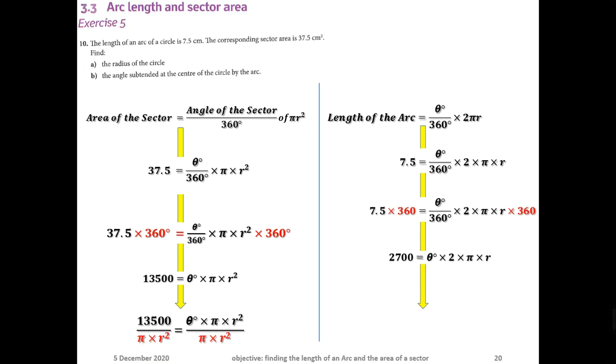If we carry on making theta the subject, we must isolate theta by dividing the whole equation by pi r squared. And in here, to make theta the subject, we must isolate theta by dividing all by 2 pi r.